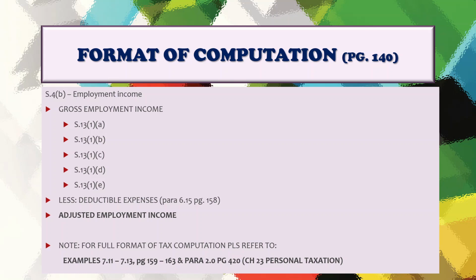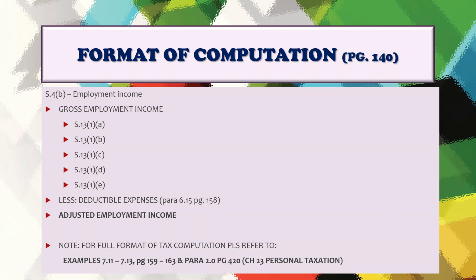If you refer to page 158, you have the list there, case law principle. It mentions the expenses that can be deducted against employment income. After you have gross income, you minus the deductible expenses, and therefore you derive the adjusted employment income.